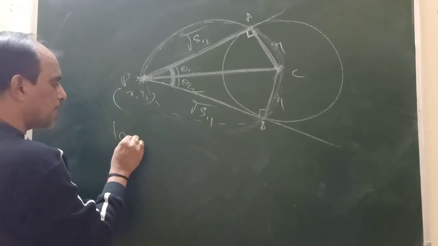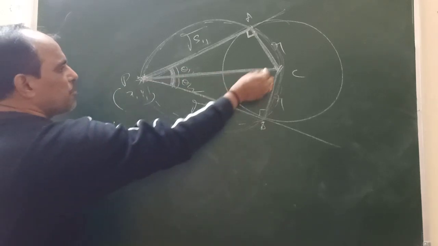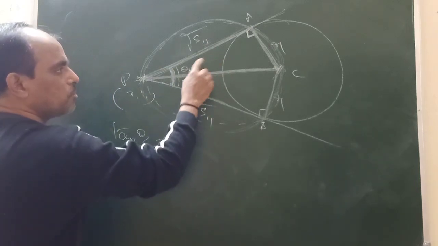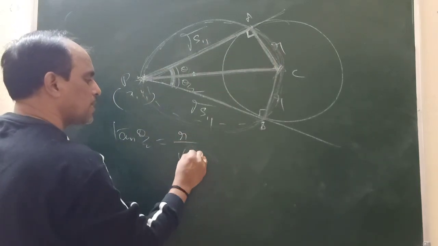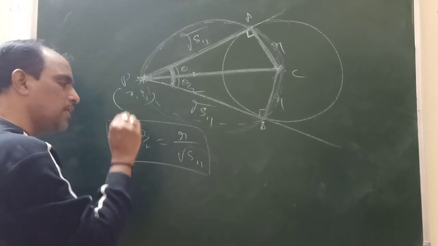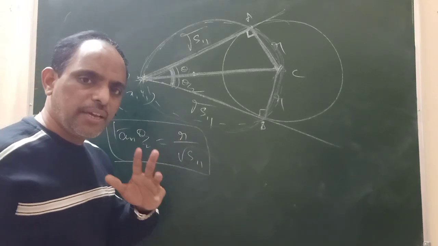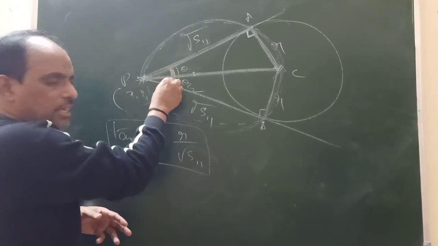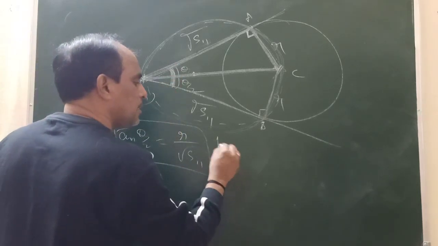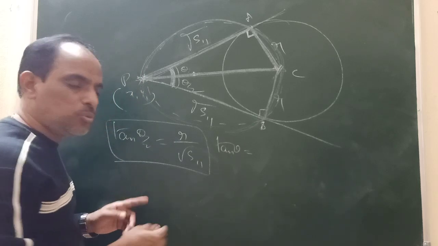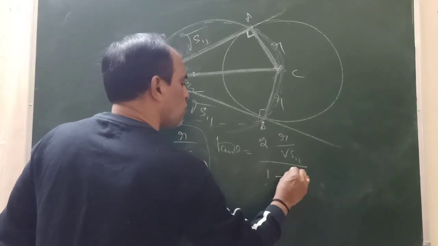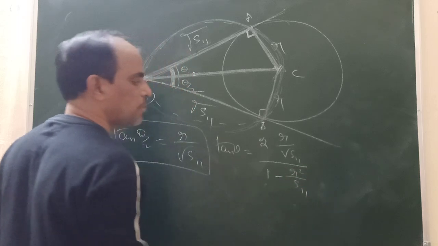Now we have tan theta by 2. You can take it from any of the triangles. From this triangle, what about tan theta by 2? This is r by root s11. So remember this point: tan theta by 2 is equal to r by root s11. So I am going to find tan theta, where the angle between the tangents is theta. Now tan theta is equal to 2 tan theta by 2 by 1 minus tan square theta by 2.